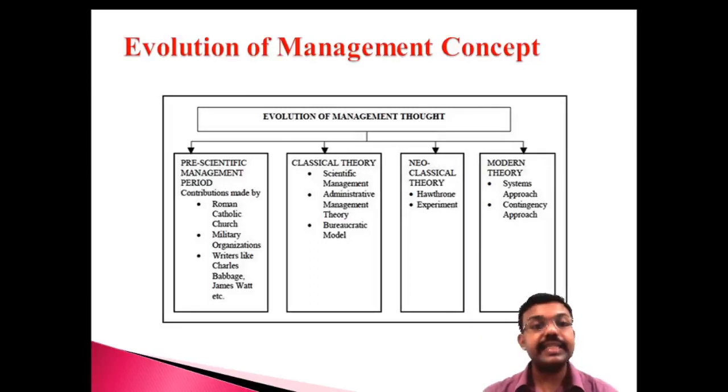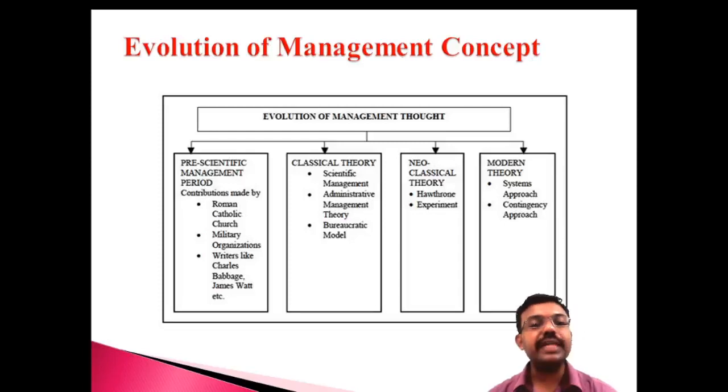In this lecture, we are going to discuss the Neoclassical period and what changes happened in management after the classical period. So what changes happened in the Neoclassical period and the modern period?